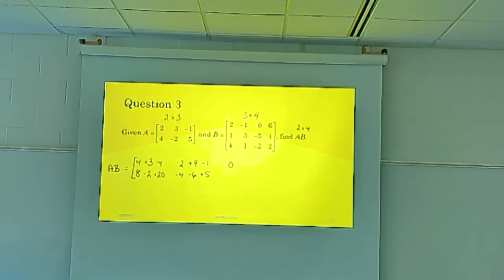Next up, 2 times 0 plus 3 times negative 5 plus negative 1 times negative 2. 4 times 0 plus negative 2 times negative 5 plus 5 times negative 2. 2 times 6 plus 3 times 1 plus negative 1 times 2. 4 times 6 plus negative 2 times 1 plus 5 times 2.